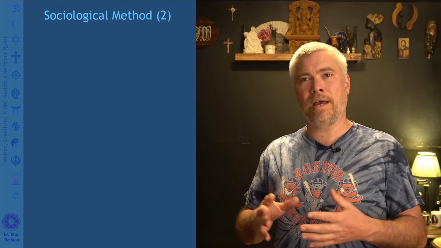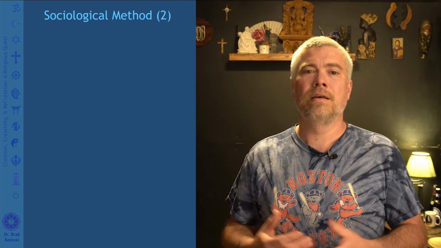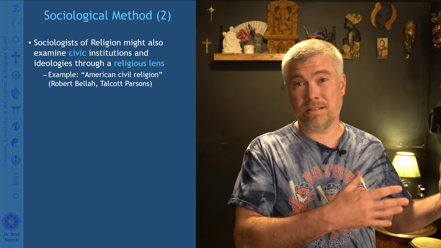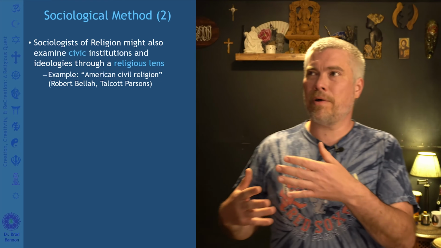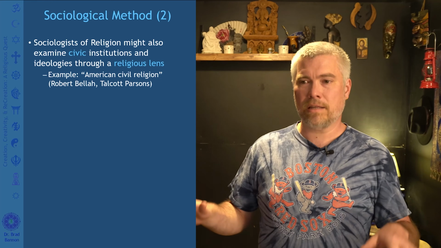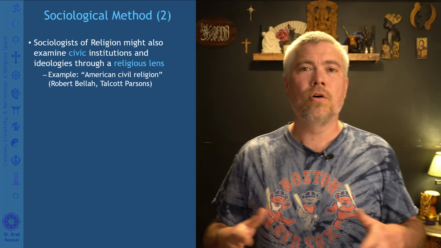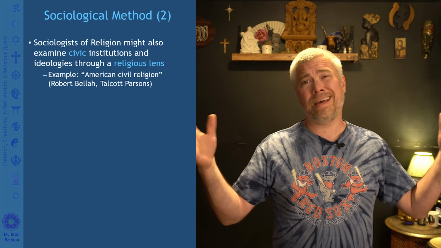Another slightly different way of applying the sociological lens to study religion might be to examine civic institutions using a religious framework. So let's think about when you think of religion, even before taking this course, when you think about a religious tradition, what would you say are some of the broad categories that fall under the heading of religion?